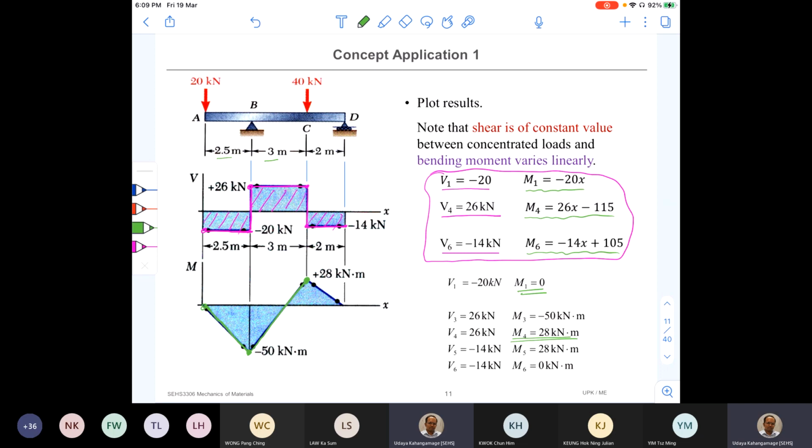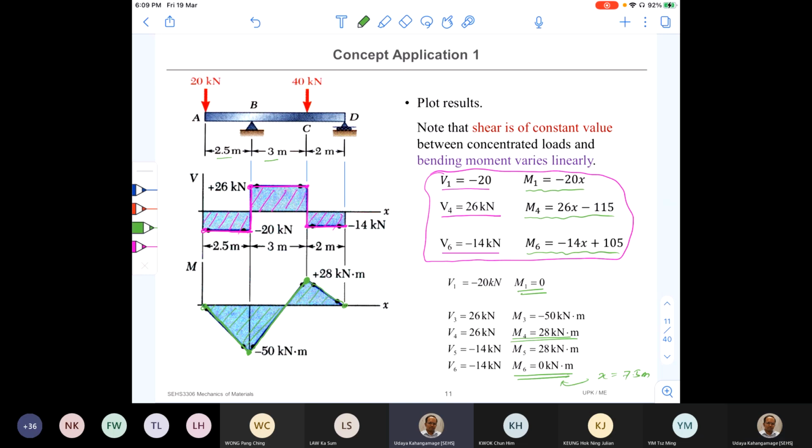And when x equal to 7.5 meters, it is 0. So this is the variation. So finally, I get the bending moment diagram like this. This is how you draw bending moment diagram and the shear force diagram using fundamentals.